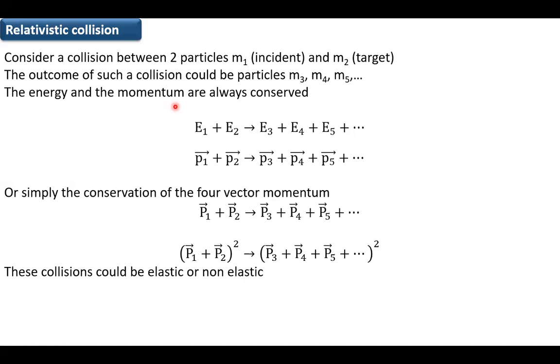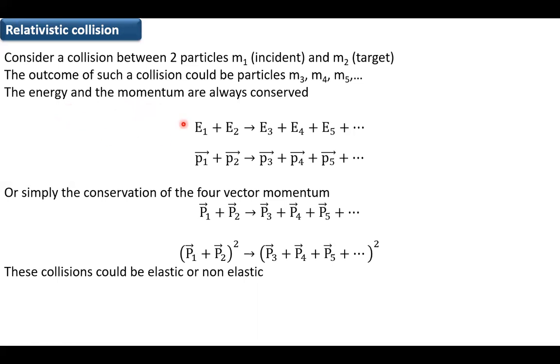The total momentum is conserved and the total energy is conserved. Of course, we are considering a system of particles and this system is isolated, so we have no external forces and no external interference. So the total energy is conserved and the total momentum is conserved.